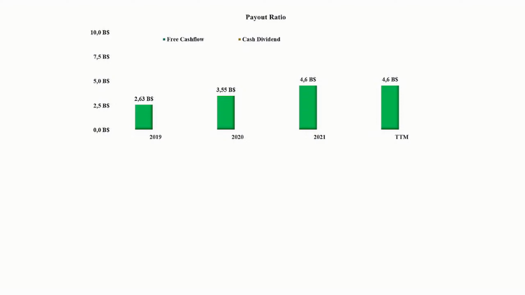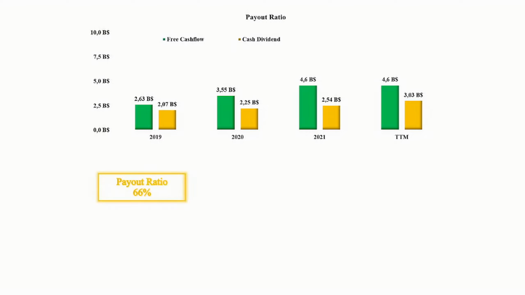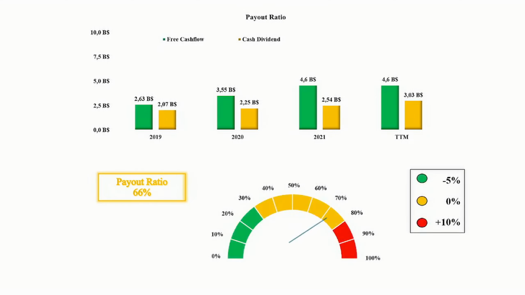The cash dividends were respectively $2.7 billion and $3.3 billion. The average payout ratio is therefore 66%. This value is inside the yellow section of my rating scale. Therefore, the margin of safety doesn't change.